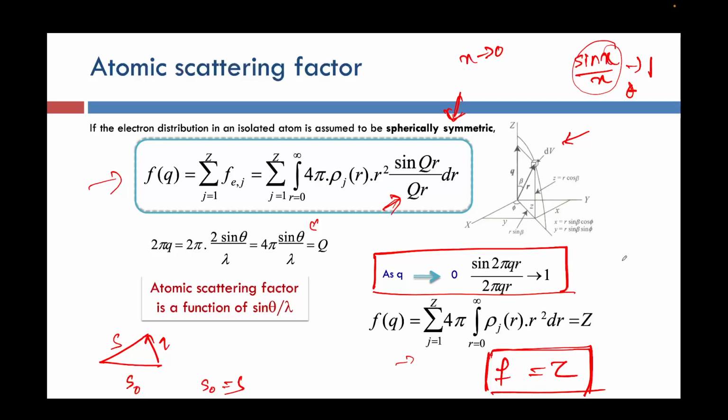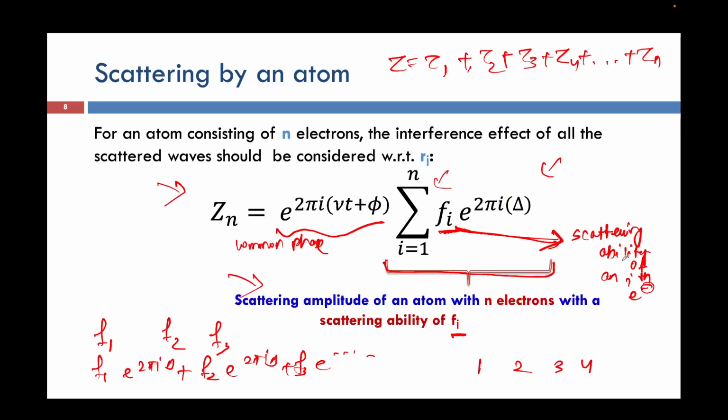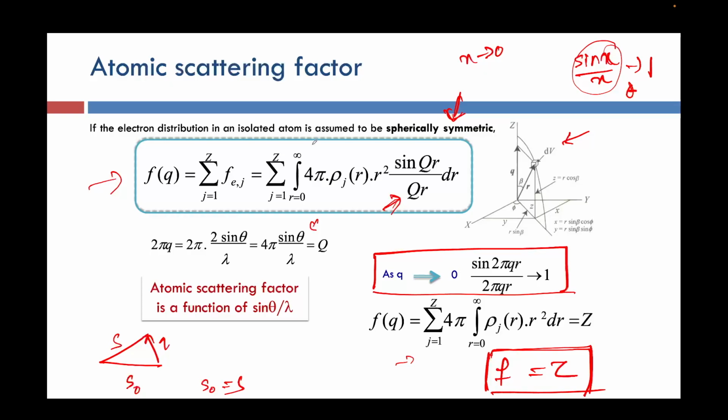In that case, I have taken the summation from i equal to 1 to n, meaning n number of electrons, right? So when Q is equal to 0, F will be F1 plus F2. Currently I am assuming that I have 5 electrons, plus F3 plus F4 plus F5, right?